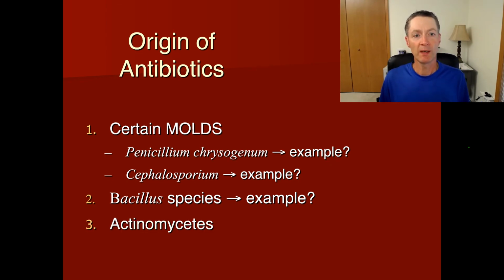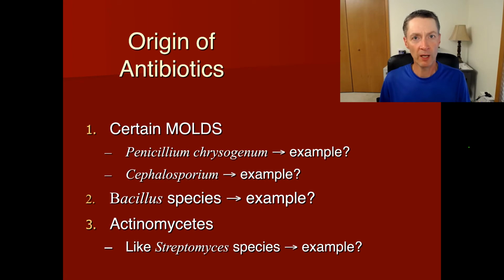Actinomycetes. Now this would be a key one. I'd want to jot this down. Actinomycetes are very abundant in soil, and by and large, not all, but a huge majority of our antibiotics come from the soil. And researchers around the world look at soil with the intent to find antibiotics, because it's known that this is a major place that we can find that kind of thing.